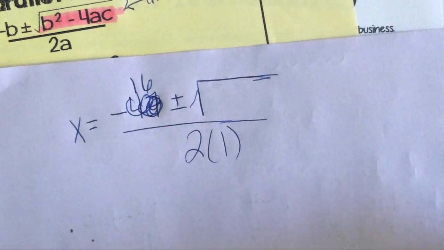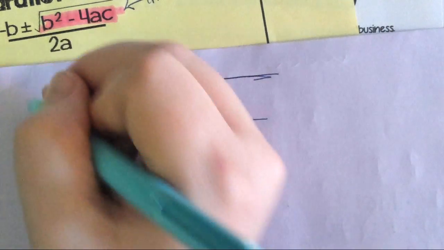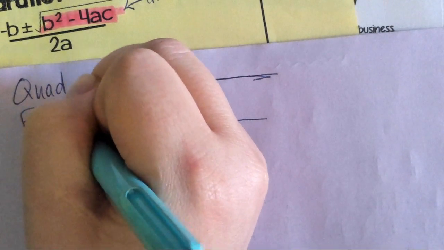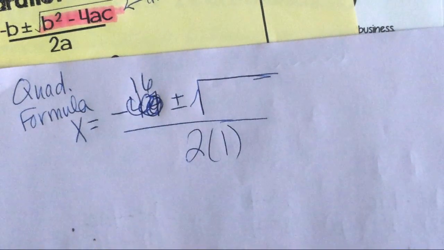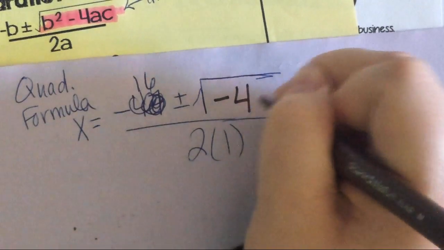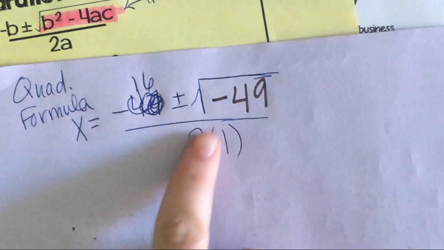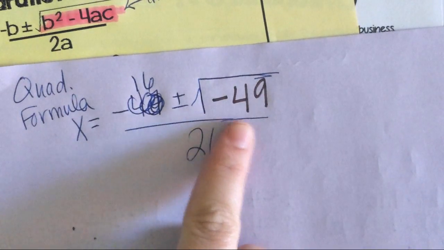Okay, so let's pretend that somehow I was using the quadratic formula. I'm chugging along, and I got to here, and I had this number underneath my radical. What do I do then? Do I know how to do the square root of a negative number?